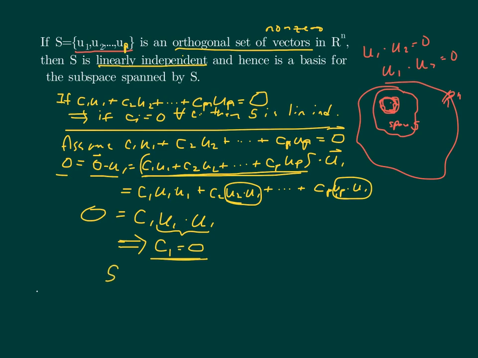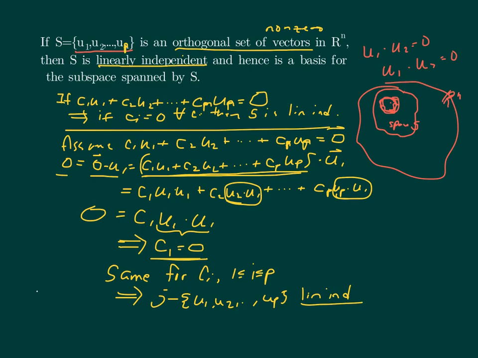So I'm going to do that same manipulation for c sub i as i goes from 1 to p, and what that is going to give us is that all of our vectors in S are linearly independent.